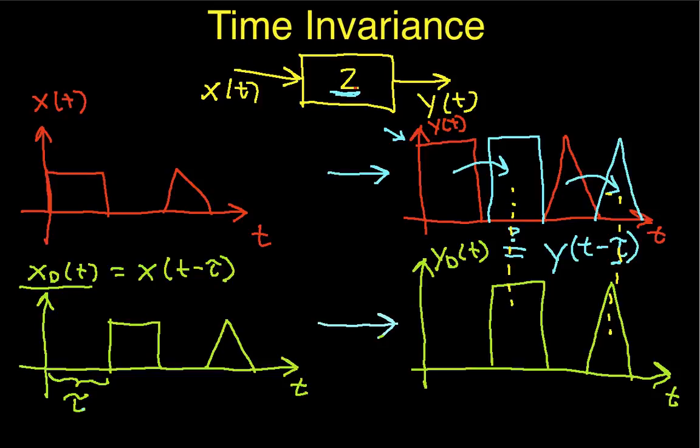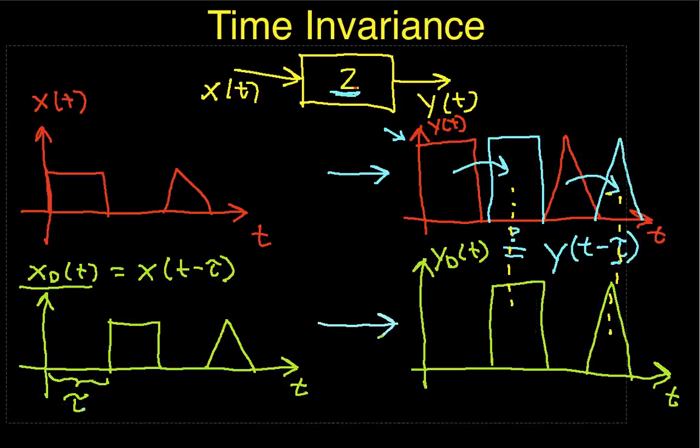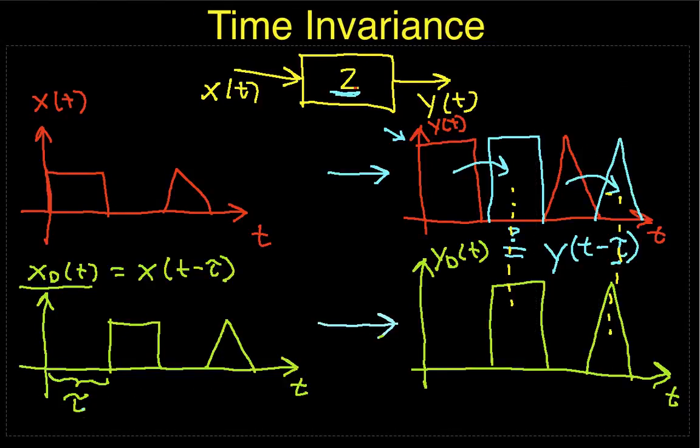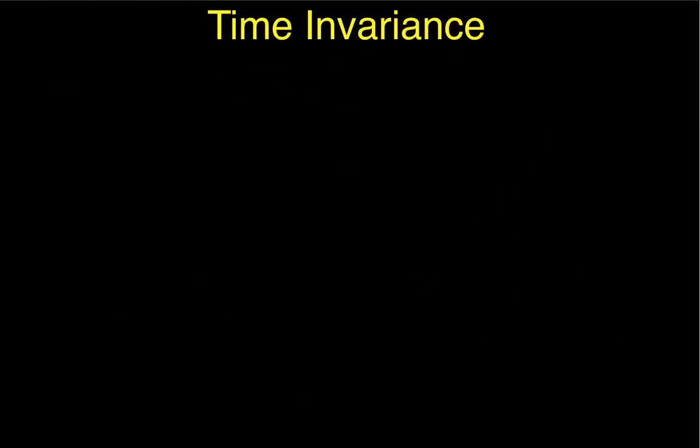Let's clear this off, and we'll look at another system and see if we can determine whether or not this system is time varying or time invariant. So again, in this system, we still have an input and an output.